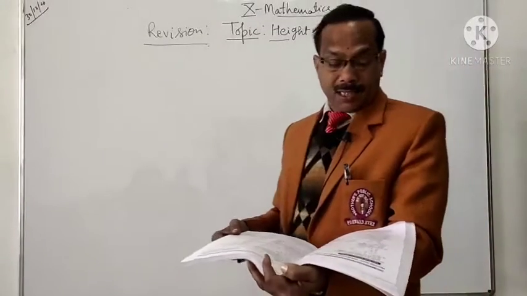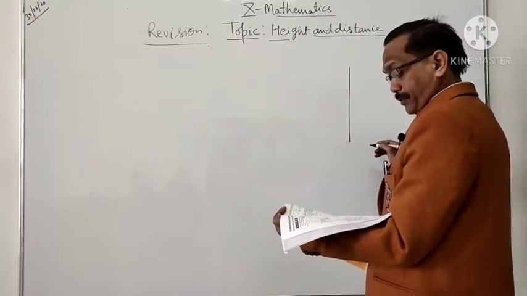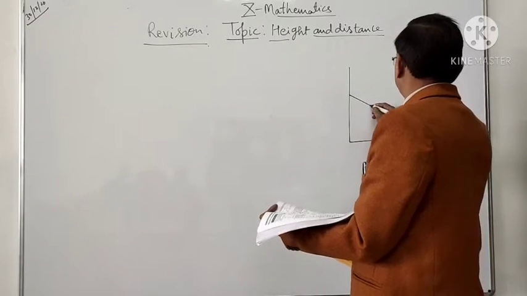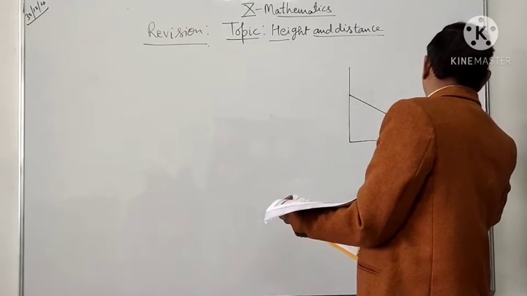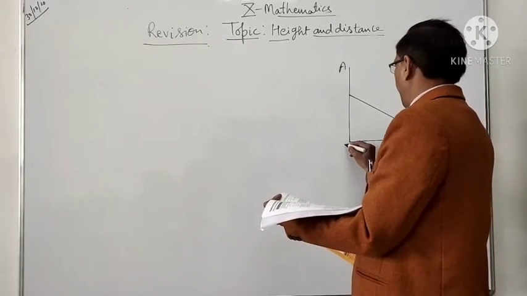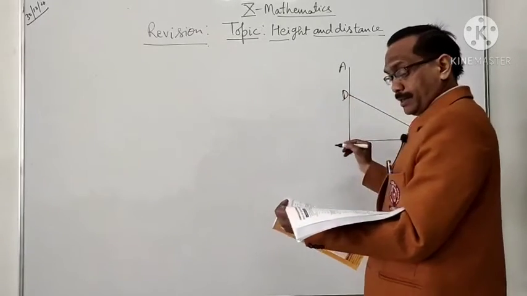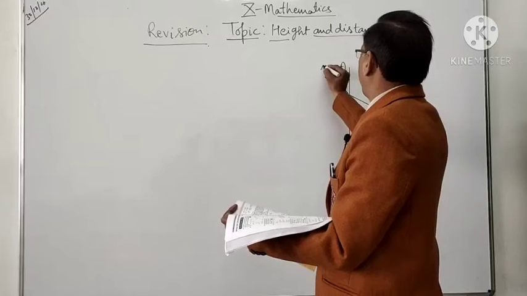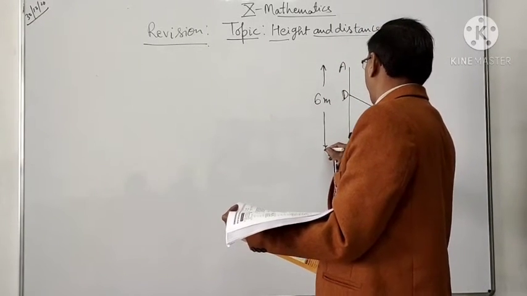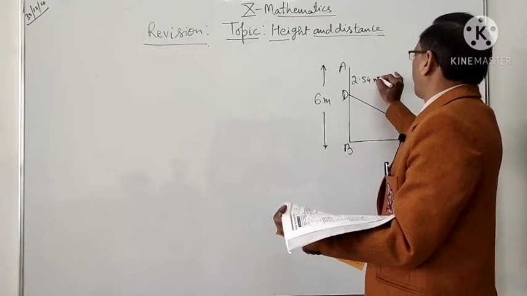Student, next is, here one figure is given. That is the point A, it is B, C, and that is D. AB is 6 meter and AD is 2.54 meter.